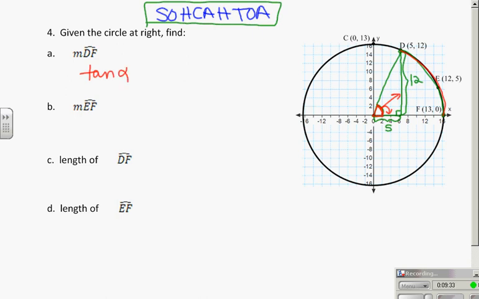And so opposite over adjacent, I'm looking at the tangent of the angle I don't know, and I'm just going to call it alpha, it's a trig thing, is equal to 12 over 5. Alpha is like the variable. We undo the tangent ratio by using that inverse key on your calculator. And you'll find out that it's 67.4 degrees. Make sure your calculator is in degrees.